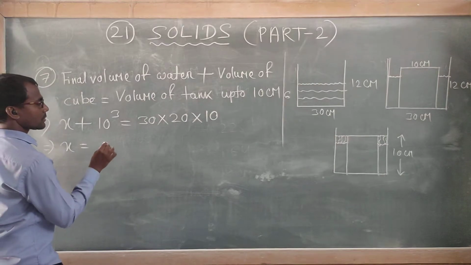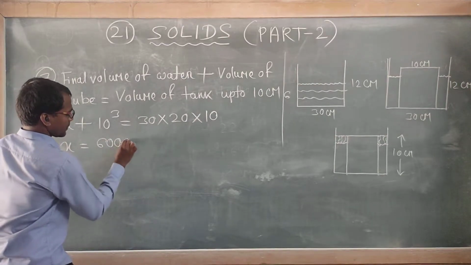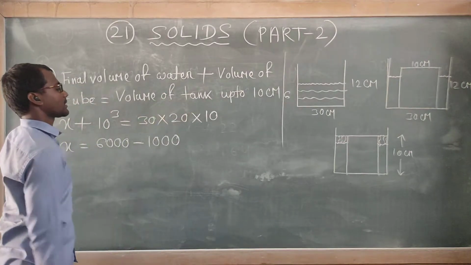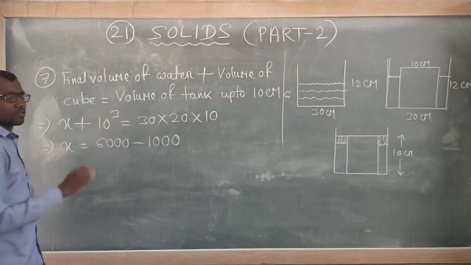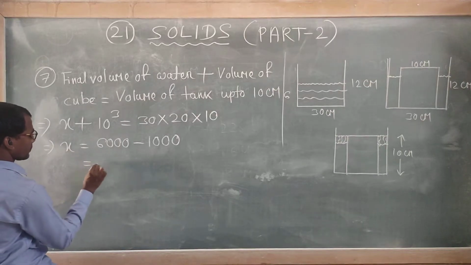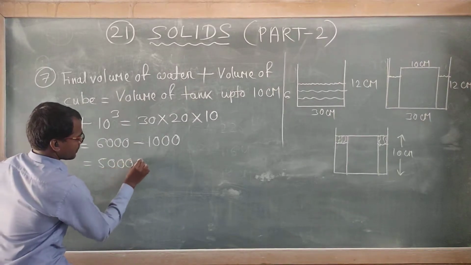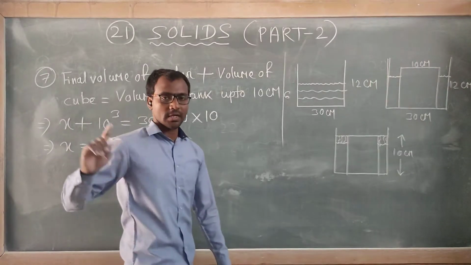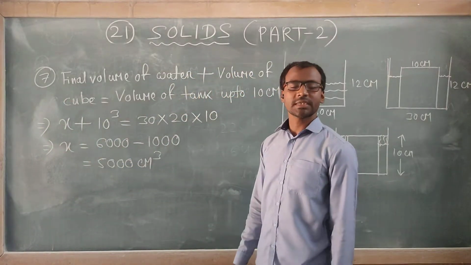So x is equal to 6000 minus 1000. 30 into 20 into 10 is 6000. 10 cube is 1000. So which will give you 5000 cubic cm. This is the final volume of water, 5000 cubic cm.